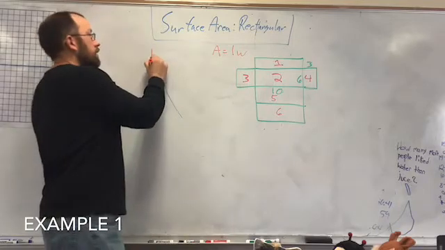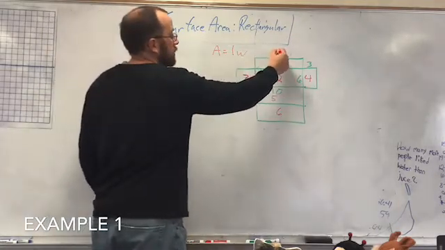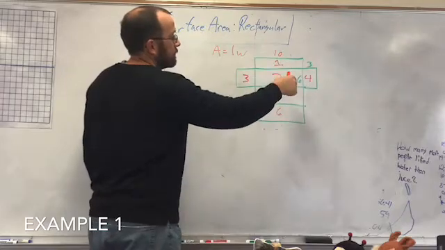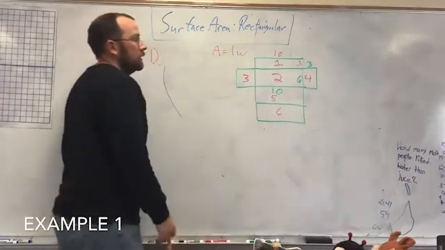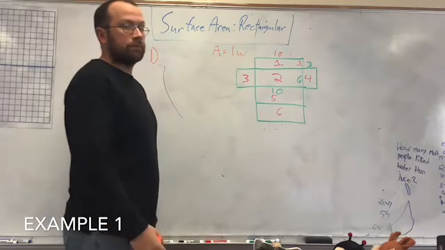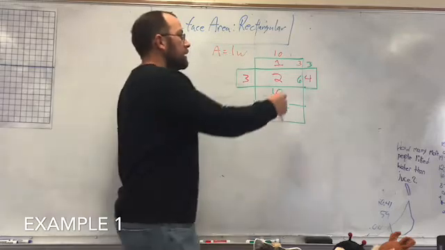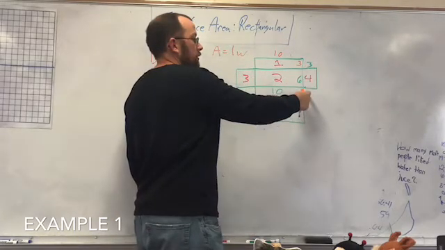So number 1, here, I know that's going to be 10, and this right here is going to be 3. And I know that because if I brought this down on top of it, it'd be 3. Alright?